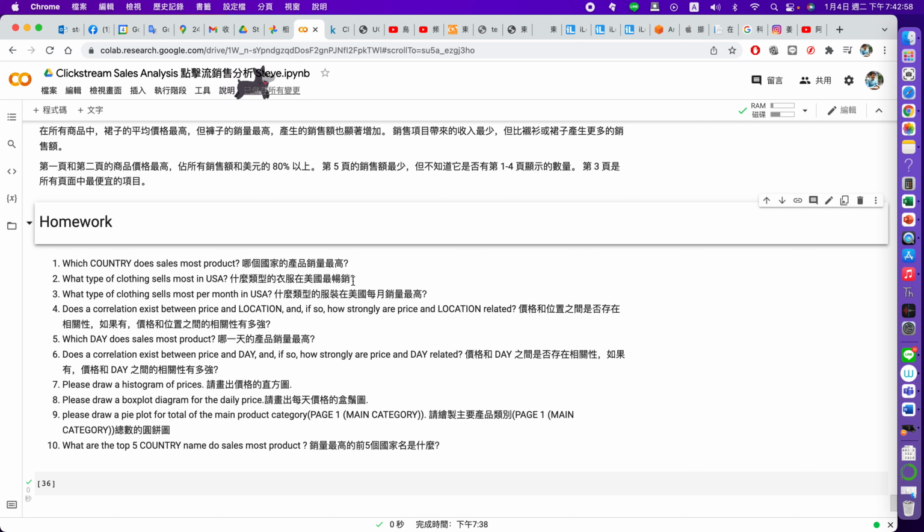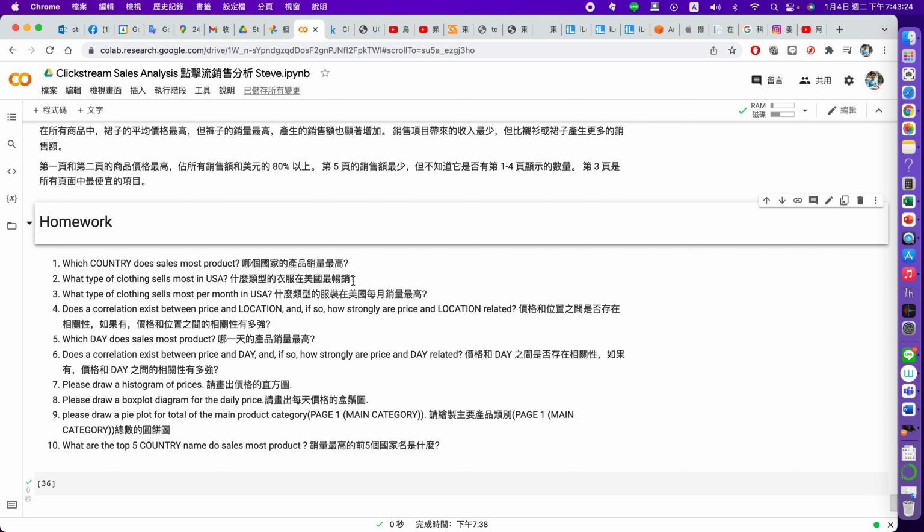Okay, so what about our personal final report? So for our final report, you are asked to finish 3 reports each. So you have to copy the source code from Kaggle and explain all the steps one by one.